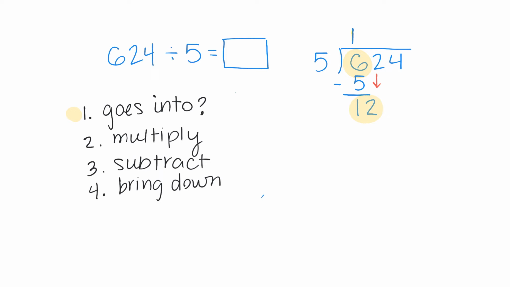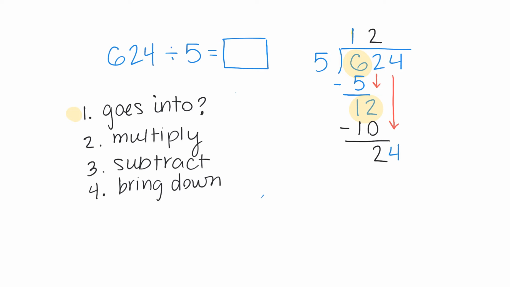5 goes into 12. How many times? It goes in twice. 2 times 5 is 10. Equal sign, subtract. 12 minus 10 is 2. Bring down your next number. This time it's a 4.